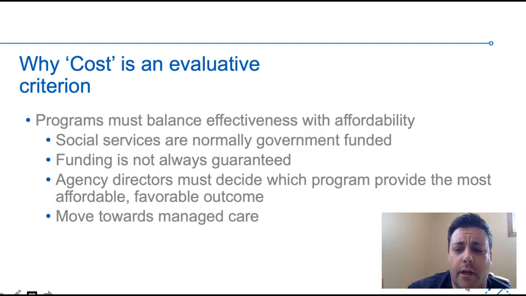That's true in social work practice as well, since our field is healthcare adjacent. So the point here is that managed care has created cost as an important outcome variable to think about.